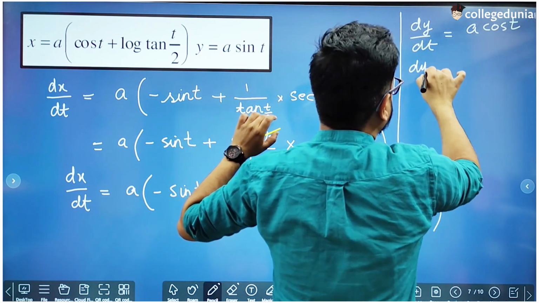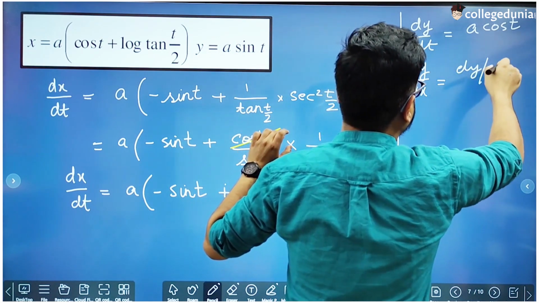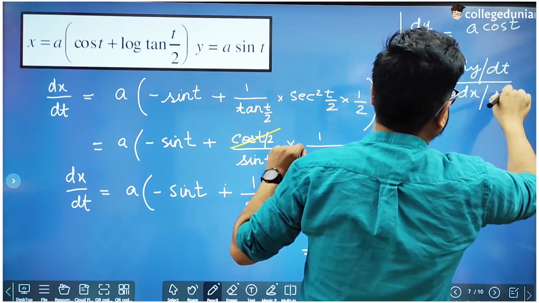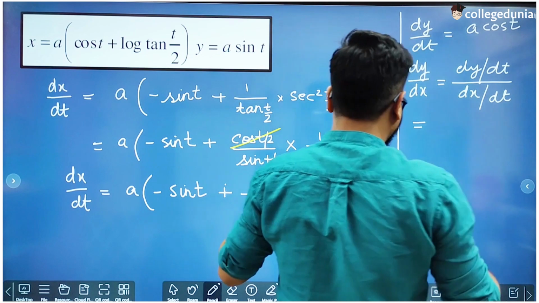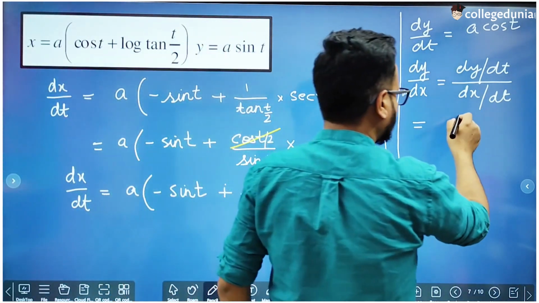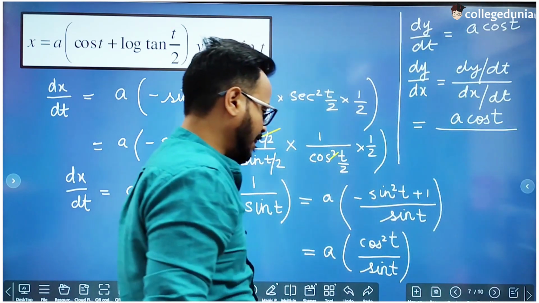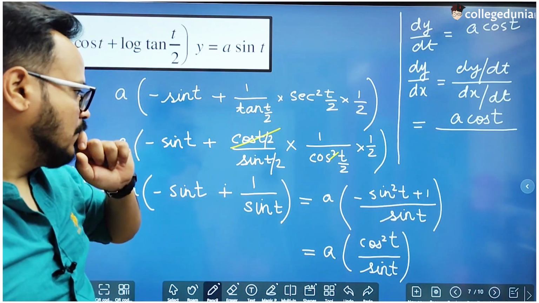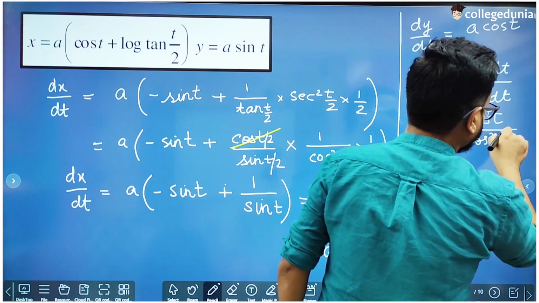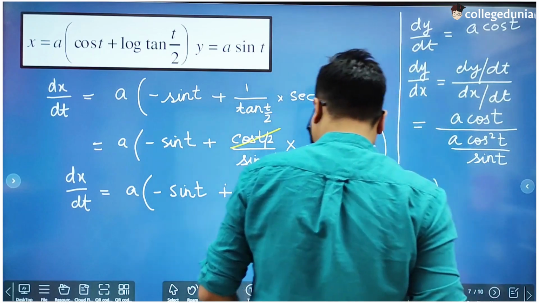Now let us find dy by dx, which is dy over dt divided by dx over dt. dy over dt is a cos t divided by a cos square t by sin t.